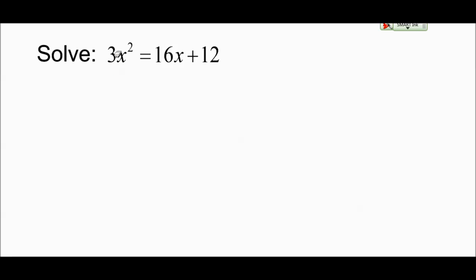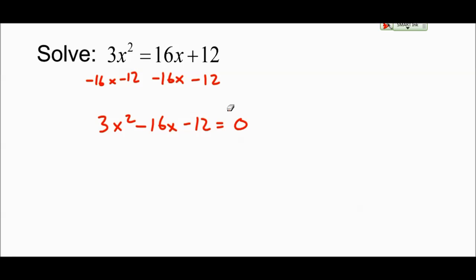Since here I have 3x squared, I want to keep that positive. So I'm going to subtract 16x and subtract 12 from both sides. So this becomes 3x squared minus 16x minus 12 equals 0. This is what I mean when we get it equal to 0.